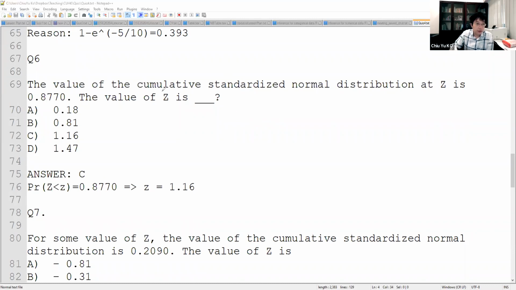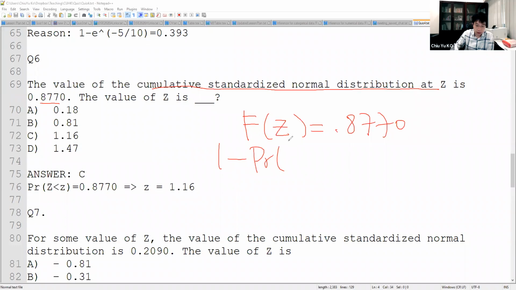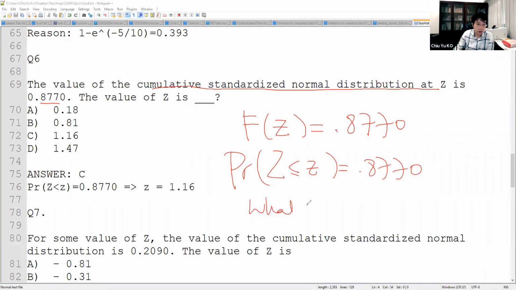If the value of the cumulative standard normal distribution F(z) is 0.8770, or the probability that Z is less than z is 0.8770, what is z?